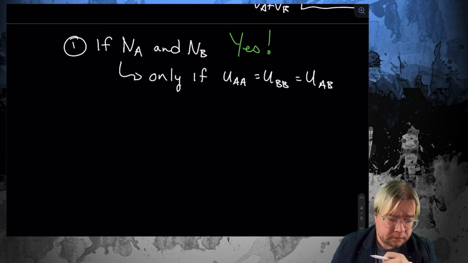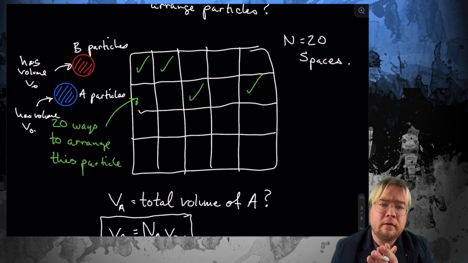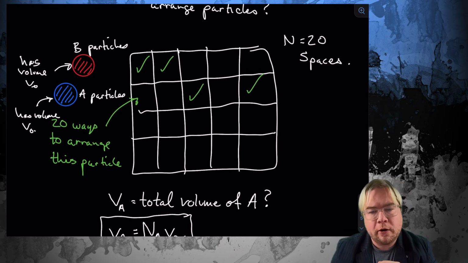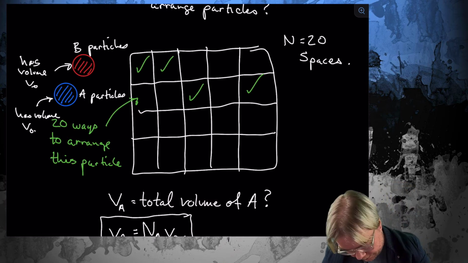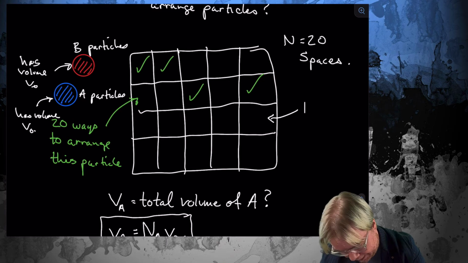Alrighty. So let me scroll down my notes. Okay, so we saw up here that the number of ways that I can put a single particle into the system is going to be, basically, there are always going to be n ways.